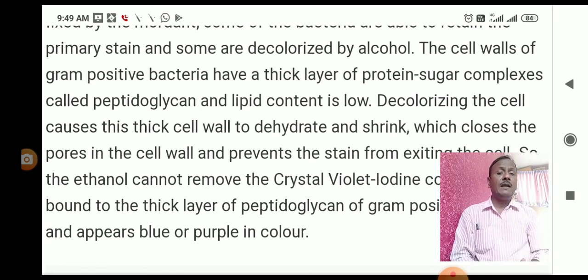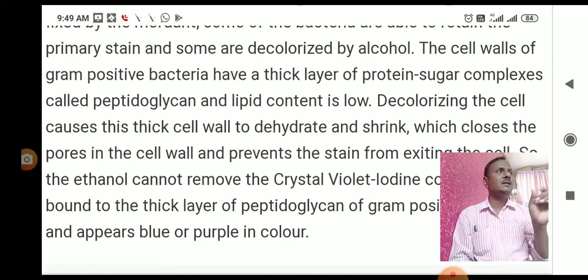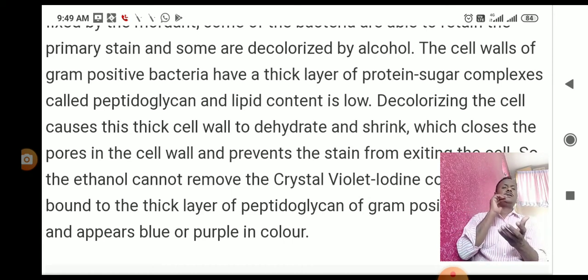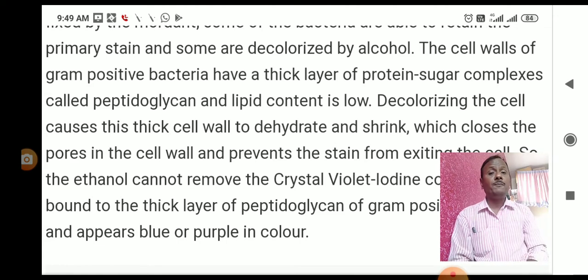The cell wall of gram positive bacteria has a thick layer, which generally contains proteins and sugar complexes, that we call peptidoglycan, with only a very small amount of lipid.